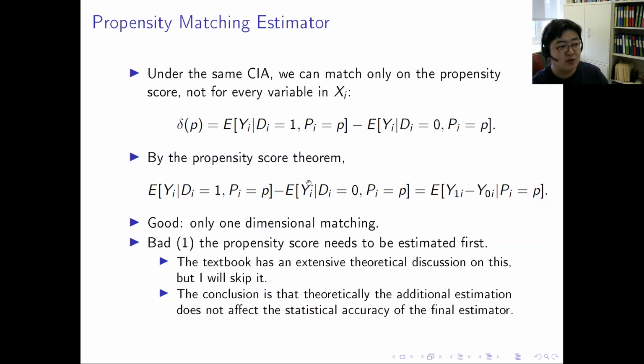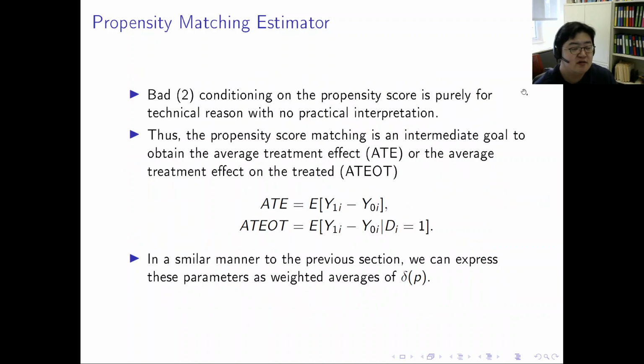So I will show you two more problems which need a little more discussion. So let me show you. The second problem is interpretability. X is a real substantive variable like family income or high school test score.